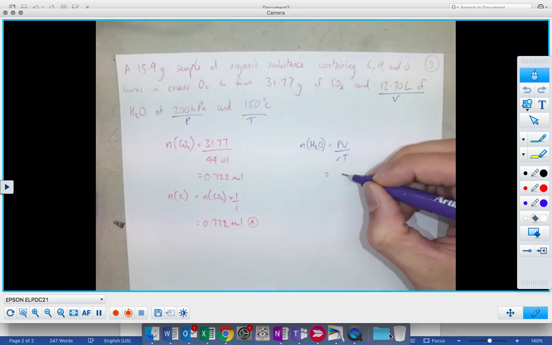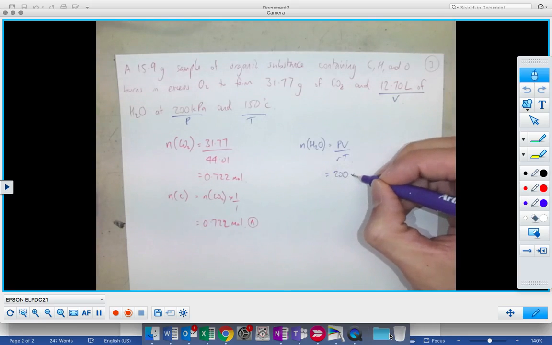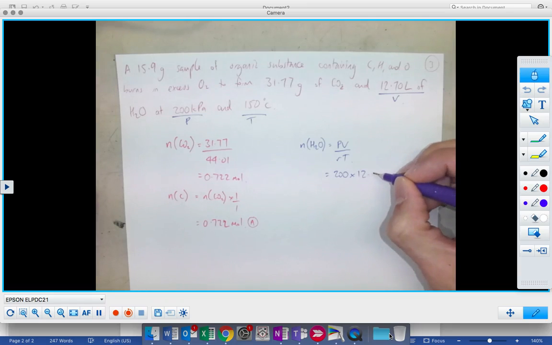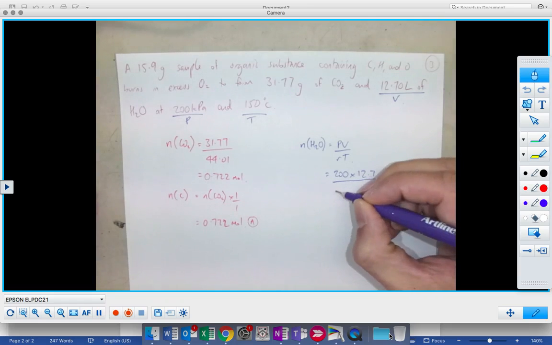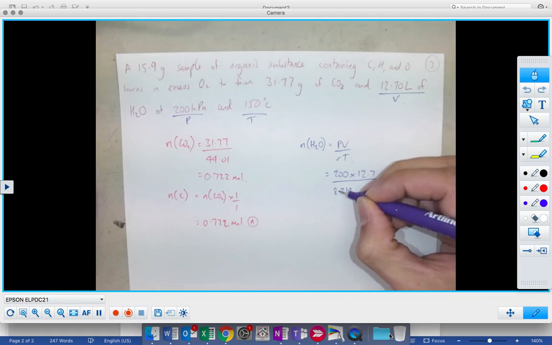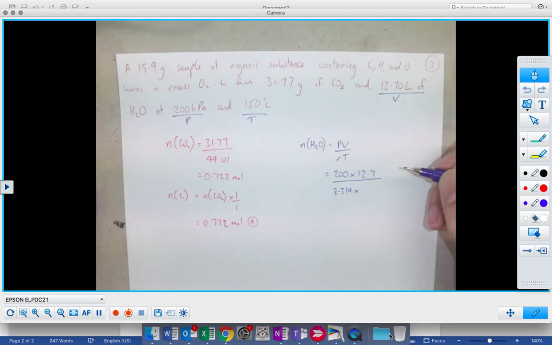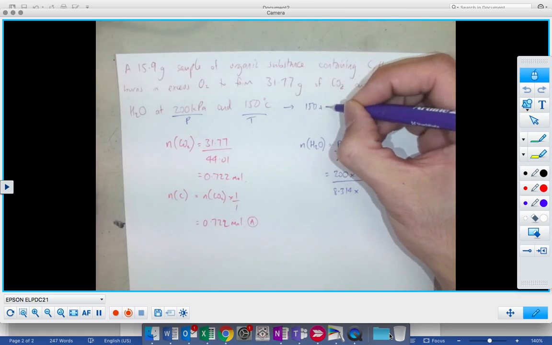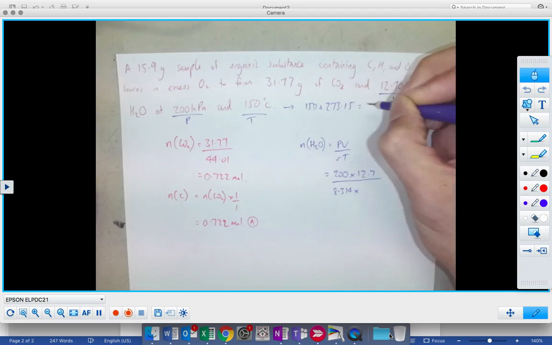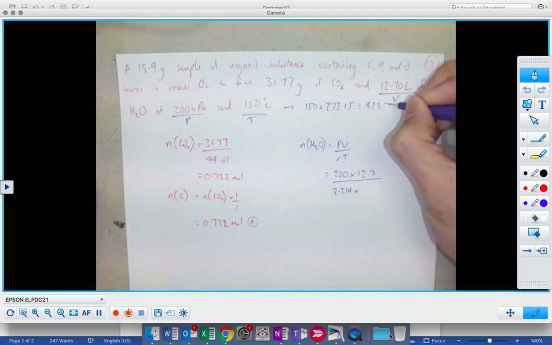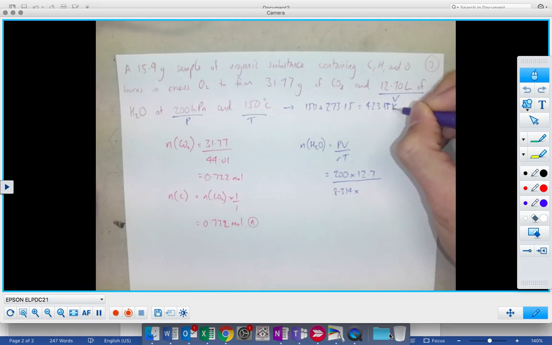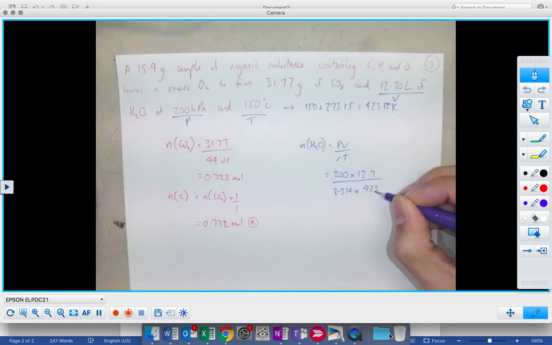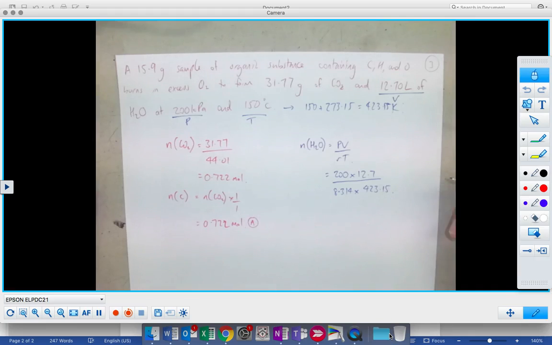So P, 200, volume, 12.7, over R, 8.314, times T. Now remember, T has to be in Kelvin, so 150 plus 273.15 is equal to 423.15 Kelvin.